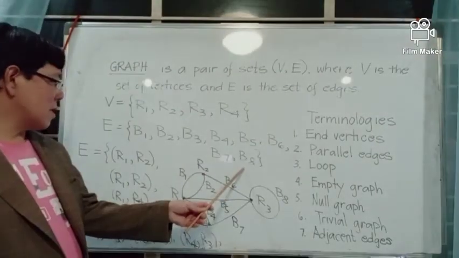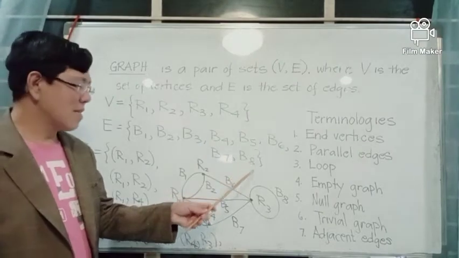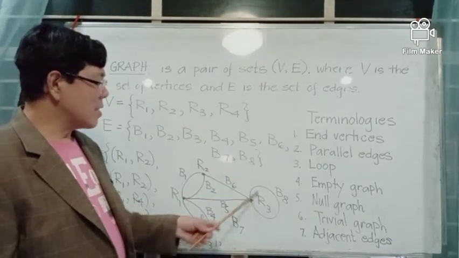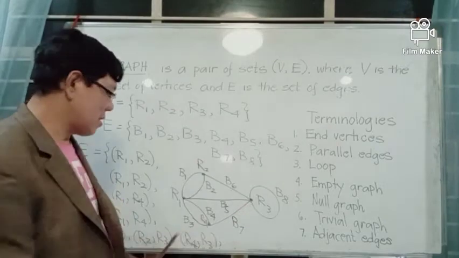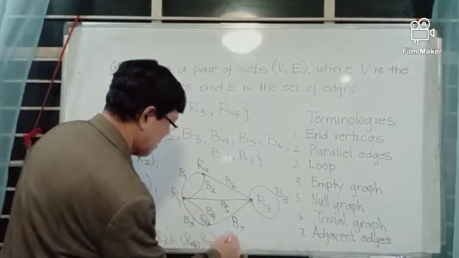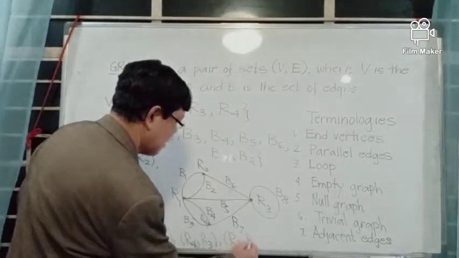And for the last edge B8, we write the pair R3, R3.